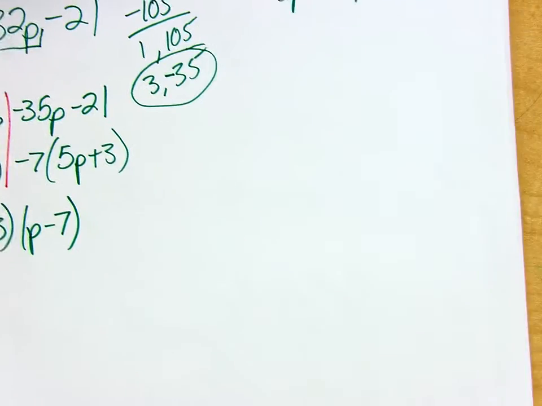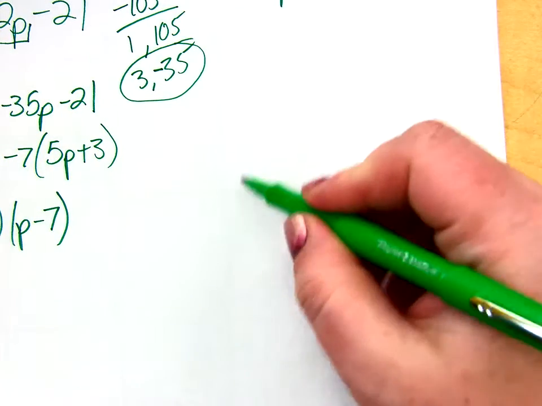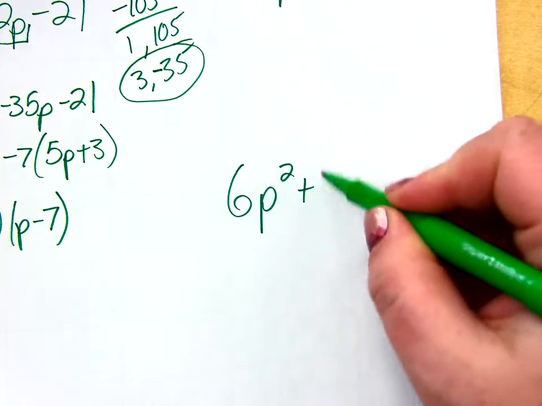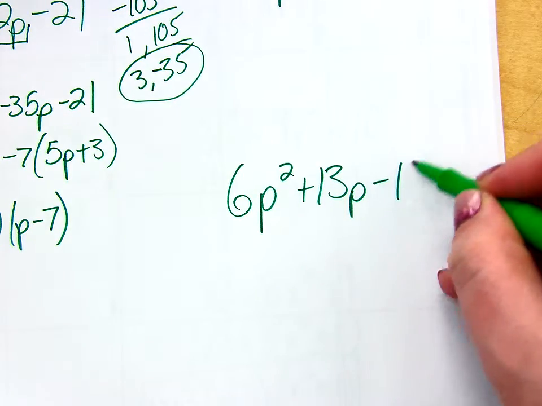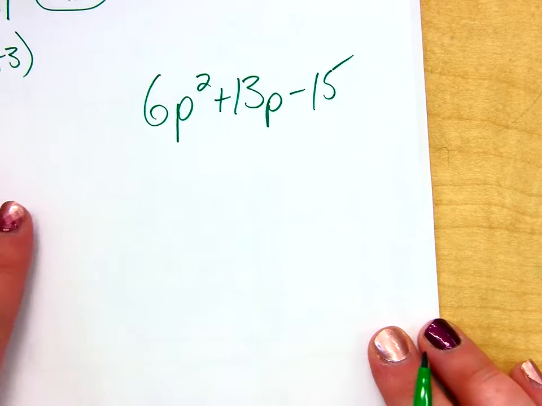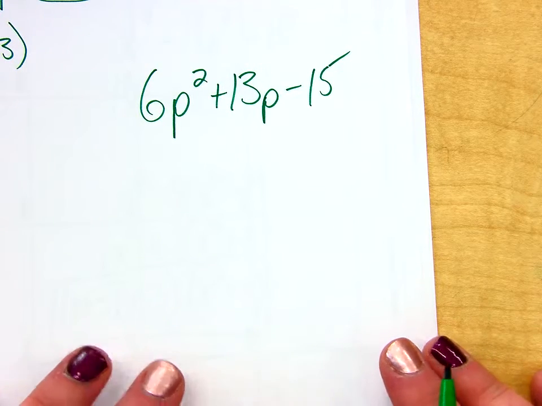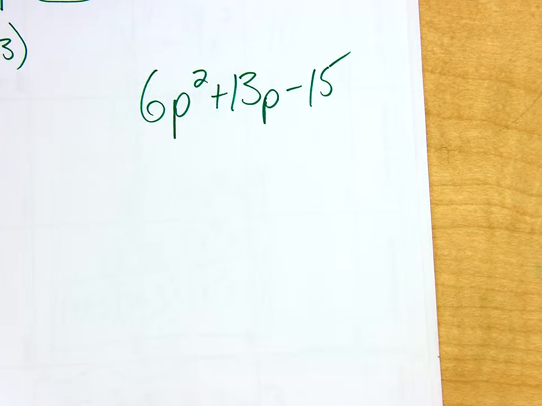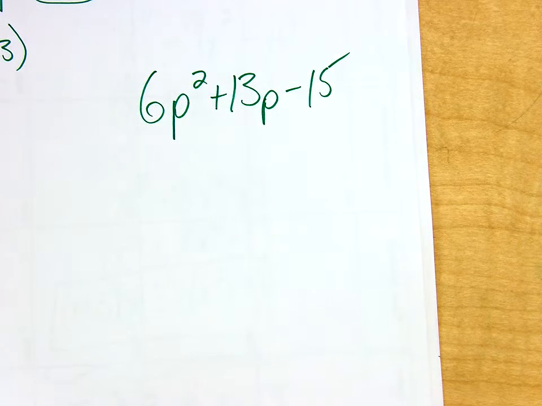Okay, let's try another problem using this new method. Are you watching, people? You ready? Okay. So this new method, which is really just kind of a mix of two old ones, you're going to multiply A times C. Well, first, is there a common factor I can take out of the whole thing?